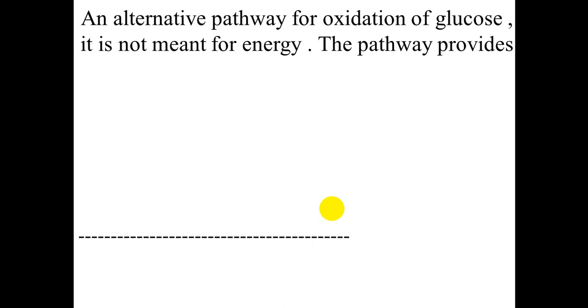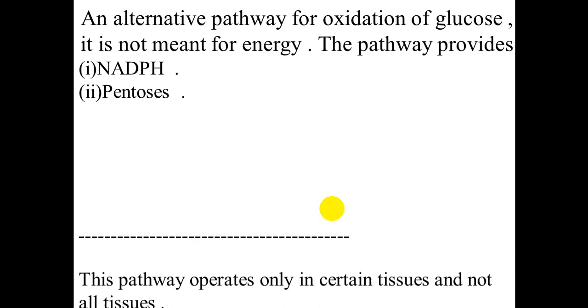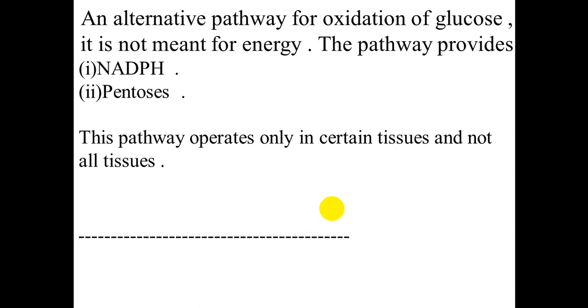The pathway provides, number 1, NADPH, which is used for reductive synthesis; 2, pentoses, which are used for nucleic acid synthesis. This pathway operates only in certain tissues and not all tissues. Uronic acid pathway.